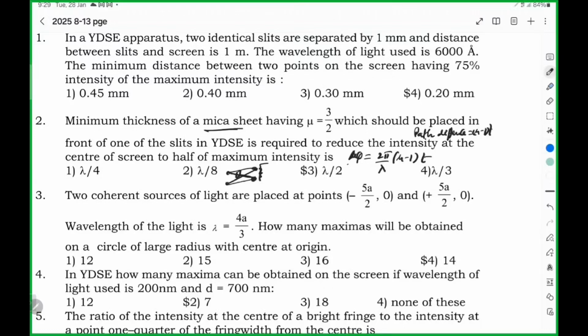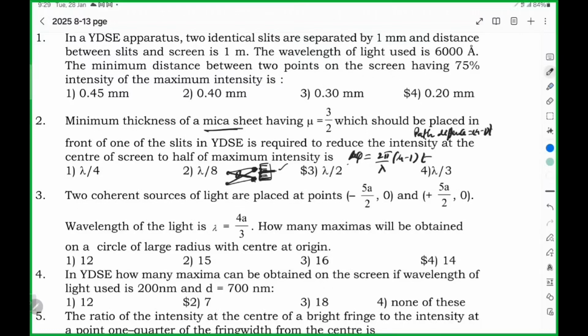Here brightness may be lesser than brightness at the shifted point. The first bright fringe is there, but it doesn't mean that here is a dark fringe. There will be some intensity at the center. What is that intensity? We have to find out.